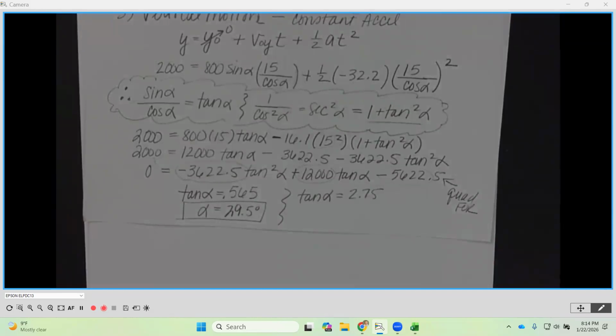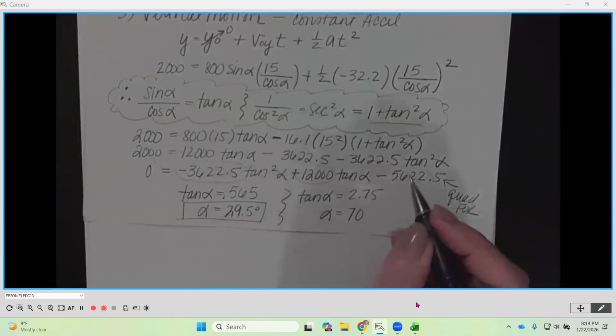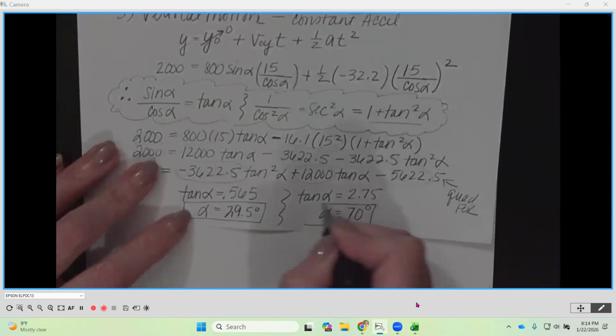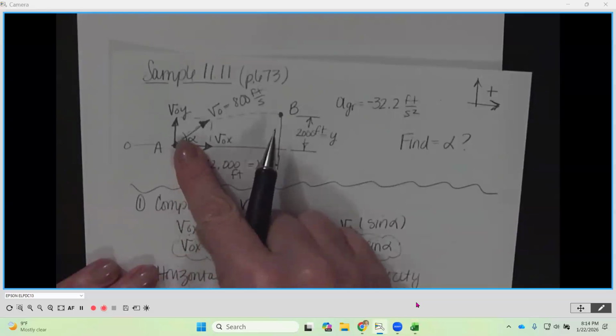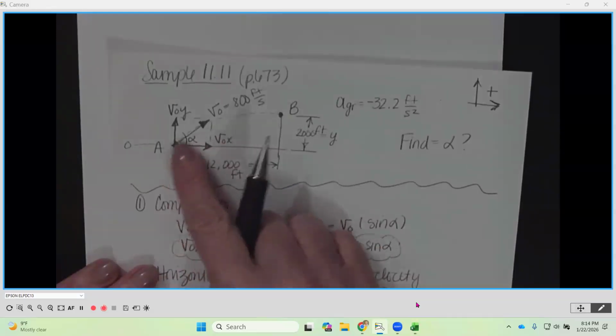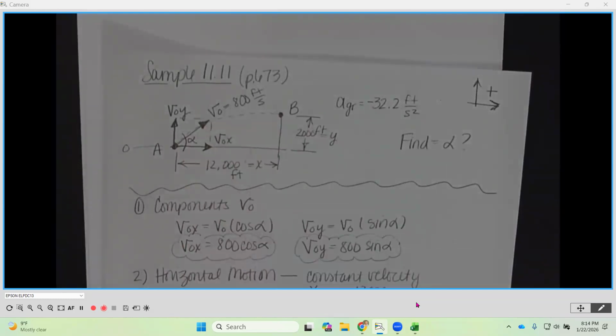So you take 2.75 inverse tan, and that's going to be 70 degrees. So we can actually put our projectile at two angles, about 30 degrees and about 70 degrees, and we're going to hit that target both times.